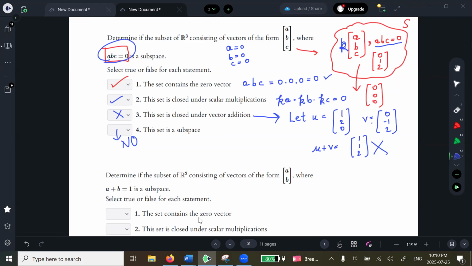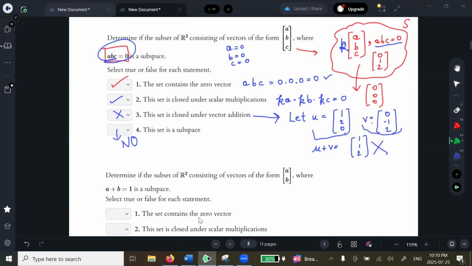I picked two vectors, u and v, any numbers really, you could pick 450 or 079, doesn't matter. You pick two vectors that satisfy the condition that A times B times C is 0, but their sum will not work. A 0 plus a non-zero number is going to be non-zero. So that's why it doesn't work.